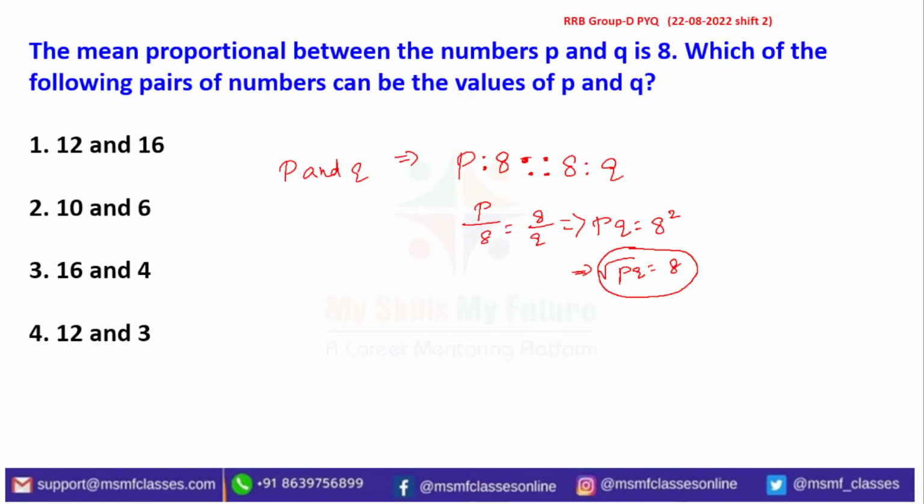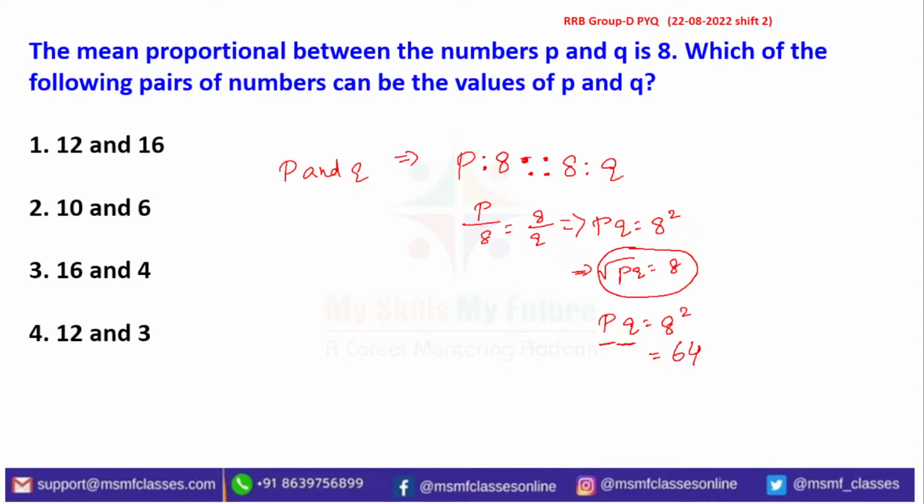The mean proportional between the numbers p and q is 8. So root pq is equal to 8, so p into q is equal to 8 square. 8 square is nothing but 64. So the product of the two numbers is equal to 64.